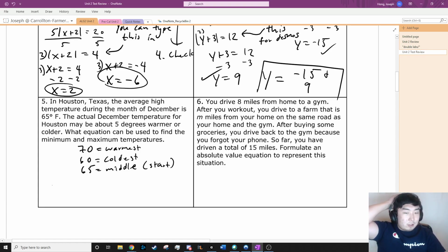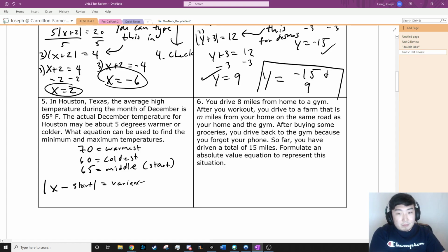So remember the equation, x minus start is equal to variance. We talked about how the variance is the number that we're adding or subtracting. So we can just substitute these values. X minus 65, my start, is equal to variance, which is 5.